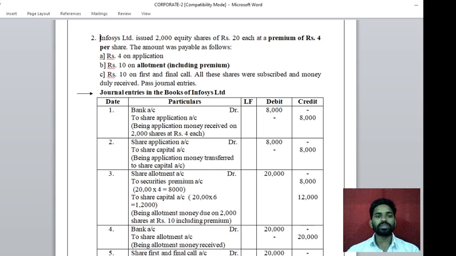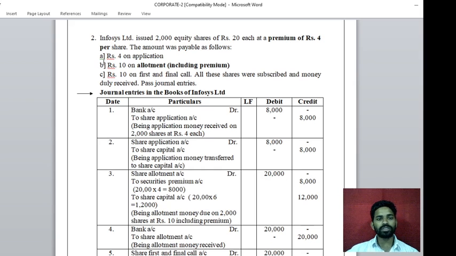See here, Infosys Limited issued 2000 equity shares of rupees 20 each at a premium of rupees 4 per share. The amount was payable as follows. So the premium they received is rupees 4.